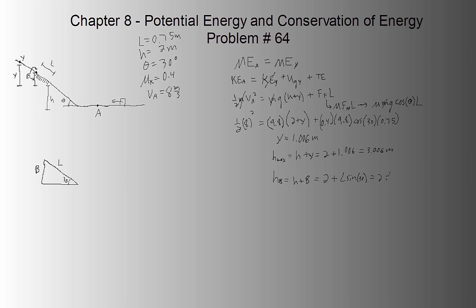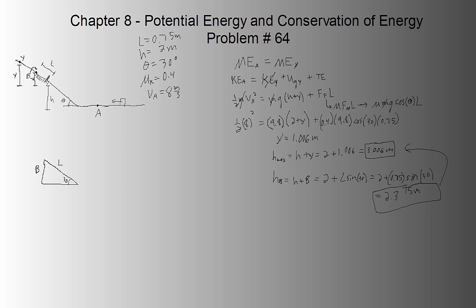So that's 2 plus 0.75 sine 30, and that equals 2.375 meters, which, by the way, is less than max height. So it definitely goes beyond B, up farther.